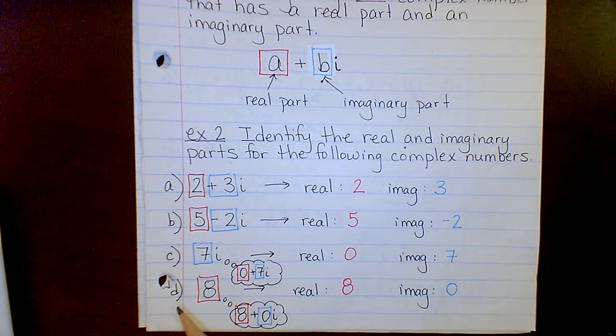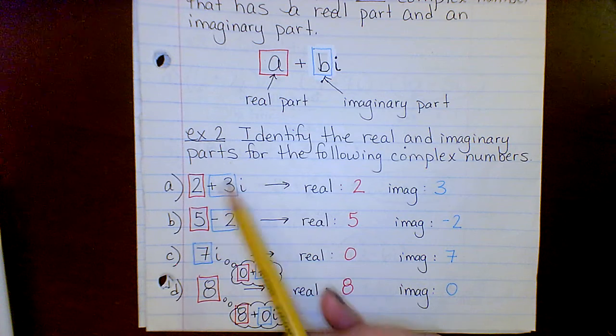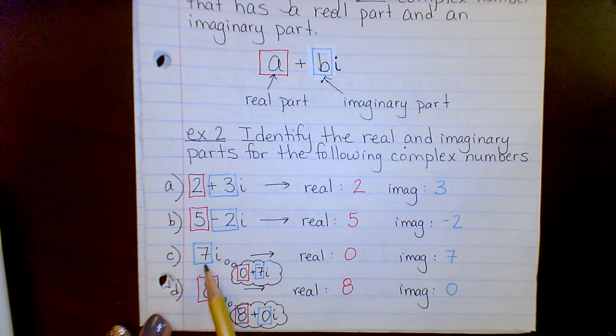Not always. It just usually happens that they're written in that form, but in this case, 7i, that's the same thing as 0 plus 7i. 7 is that coefficient of i, so it's your imaginary part. There is no real part to this, so we say that's 0.